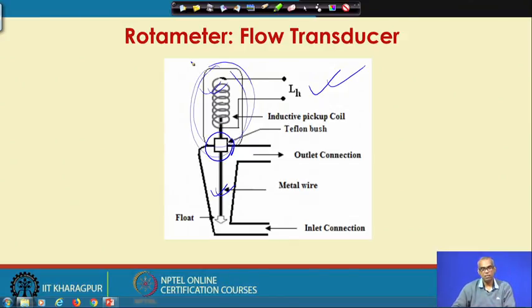Let us say you replace this metal wire by a soft iron core, and as the soft iron core moves up or comes down, the EMF will be produced accordingly, as we have seen in the case of the linear variable differential transformer. This way we can convert the rotameter into a flow transducer or flow transmitter.